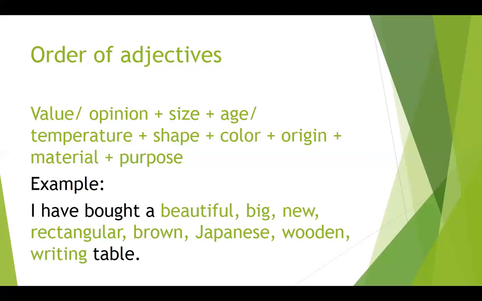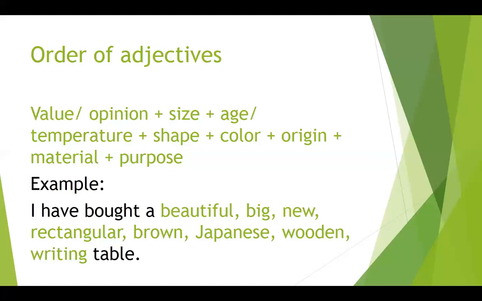Origin. Now origin means from where it belongs to, like it's Chinese or Japanese or Pakistani or Indian. Then material. Material means which thing it is made up of. For example, wooden, plastic, glass.